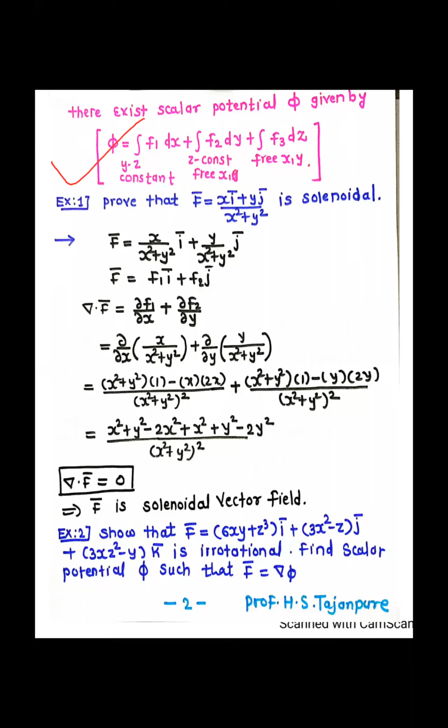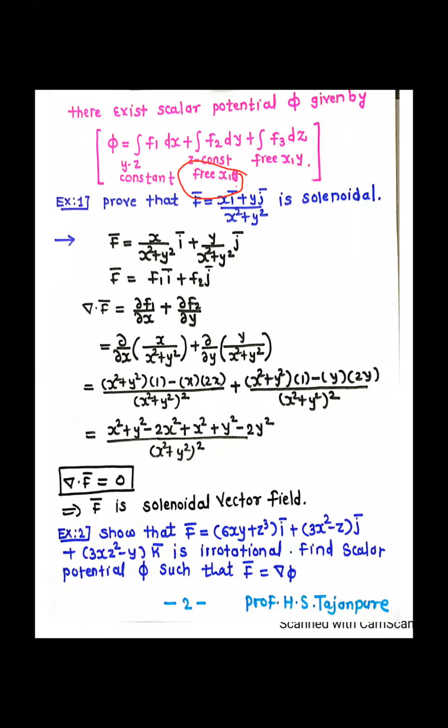Integration of f1 dx, where y and z you have to treat as constants. Just compare the given f bar with f1 i bar plus f2 j bar plus f3 k bar, and you will get f1. Then substitute f2, but not the complete f2. Here you treat z as a constant, and put such a value from f2 which is free from x.